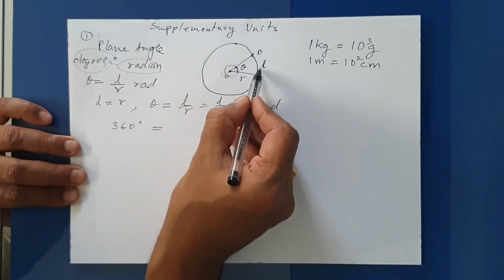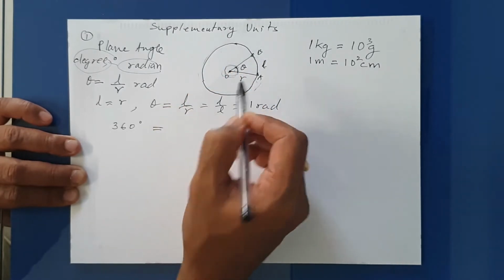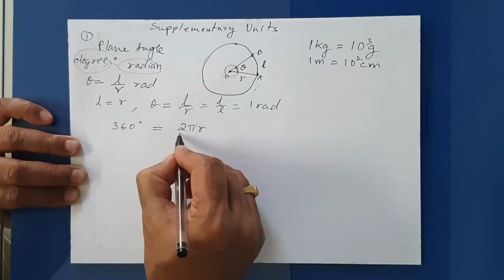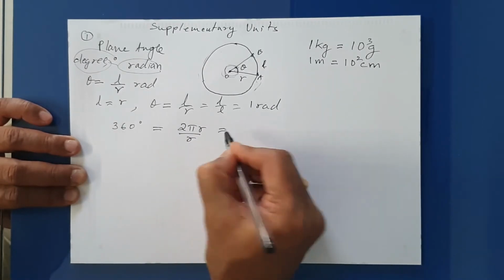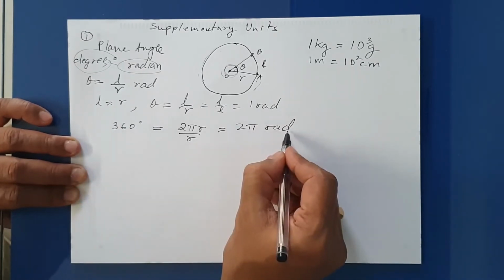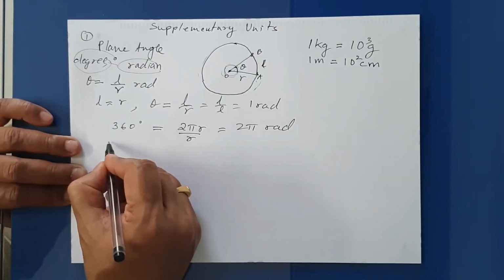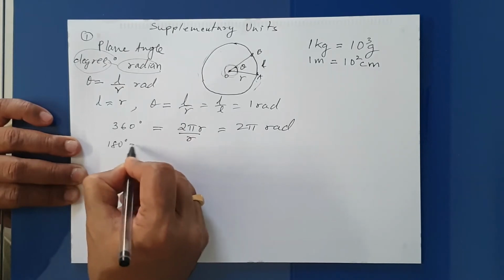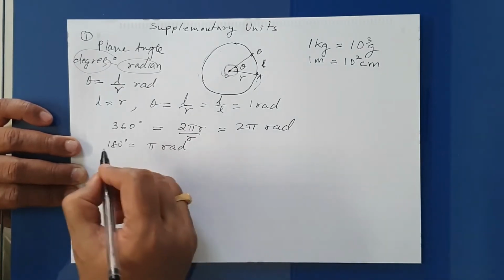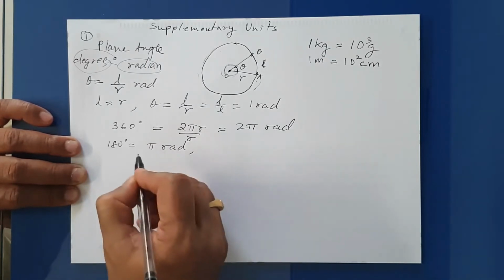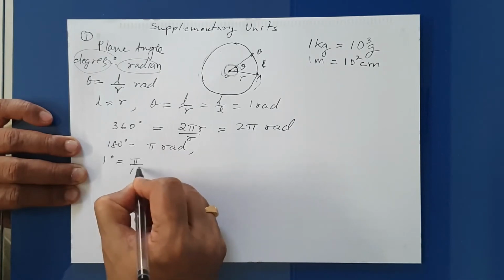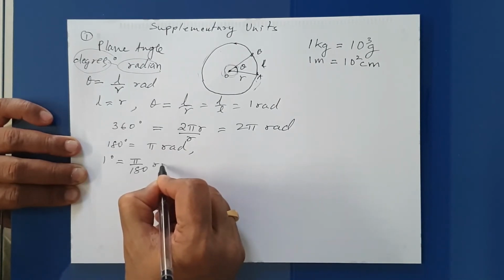The length of this whole arc is 2 pi r, the circumference of the circle, divided by radius r, which is 2 pi radian. That means 360 degree is equal to 2 pi radian, or 180 degree is equal to pi radian, or 1 degree is equal to pi upon 180 radian.